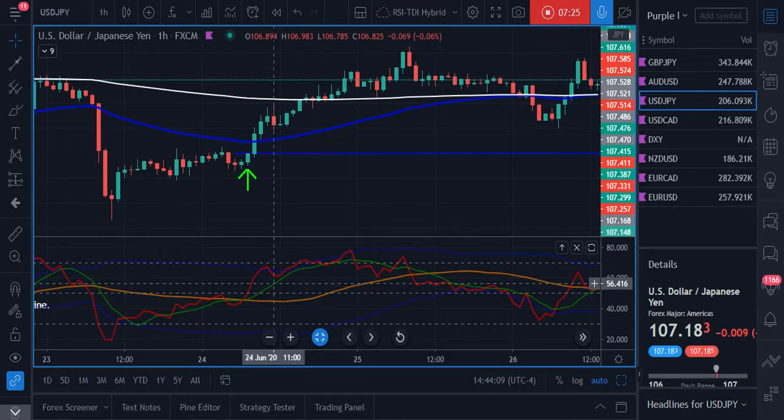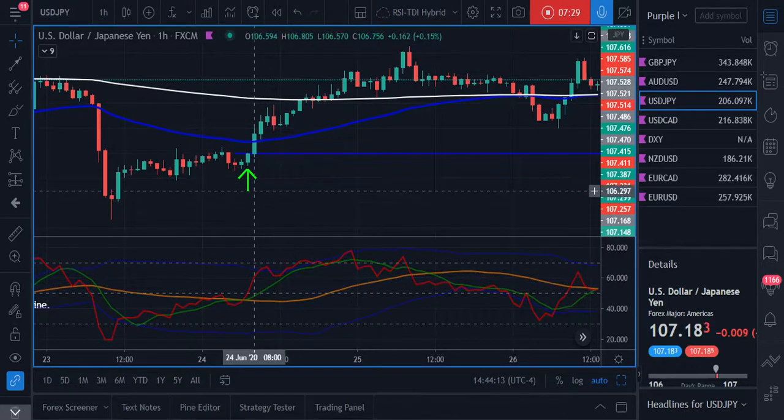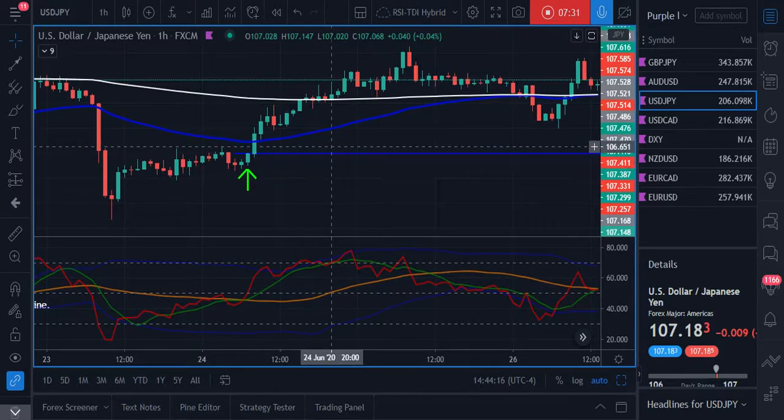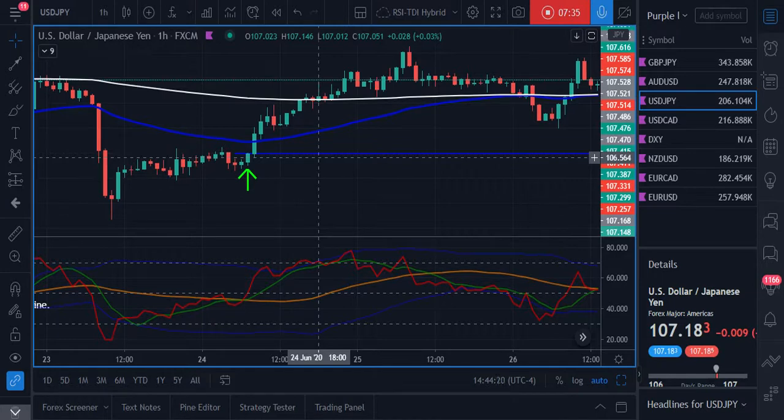Okay. Now the question is, where do we put our stop loss? Right? Where do we put our stop loss? So we're telling you that you hide your stop loss below the respective swing low that developed as a result of it crossing above the green line. Does that make sense? So not blue line, green line.